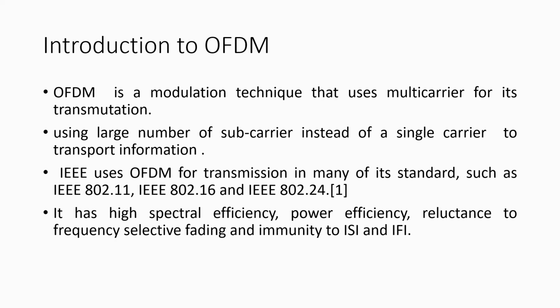It is used in many applications such as DSL internet access, wireless networks, and 4G and 5G mobile communication. It has many advantages such as high spectral efficiency, power efficiency, resistance to frequency selective fading, and immunity to ISI and IFI.